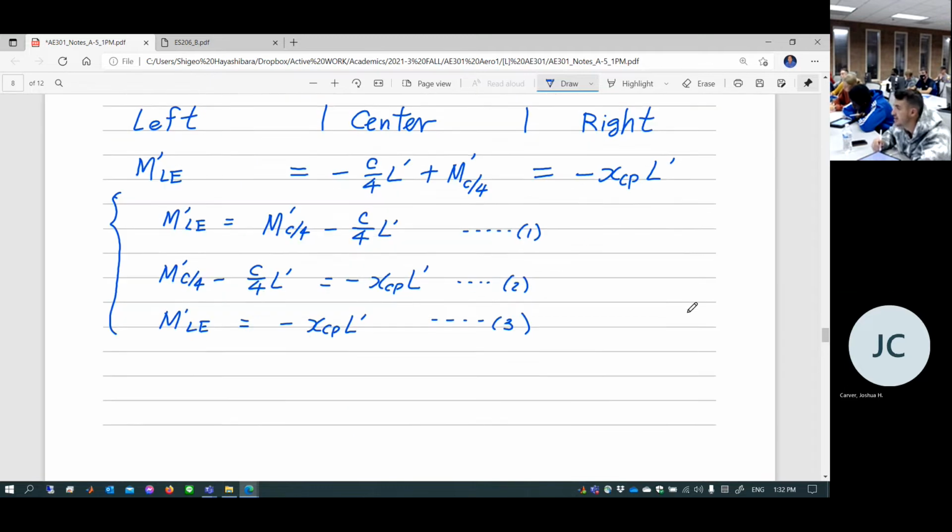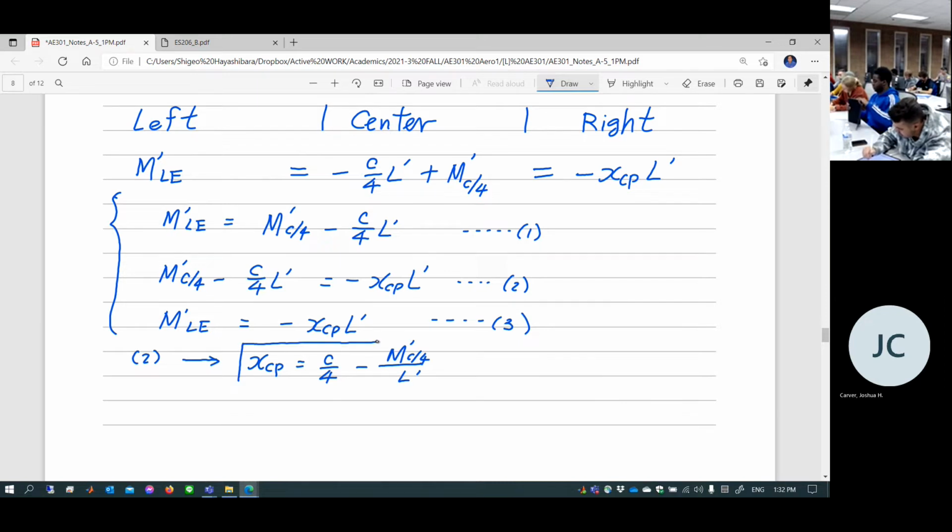Now, if you look at equation 2 and 3, this is going to solve XCP. Equation 2 basically gives you that XCP is equal to, somebody please tell me? That's right. Minus M prime quarter chord divided by L prime. So this is the location of center of pressure in terms of quarter chord moment and lift per unit span.